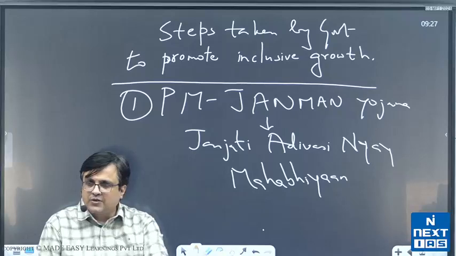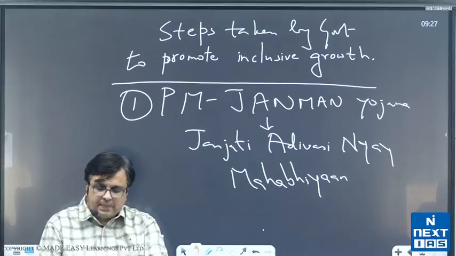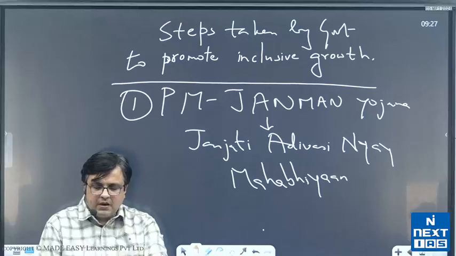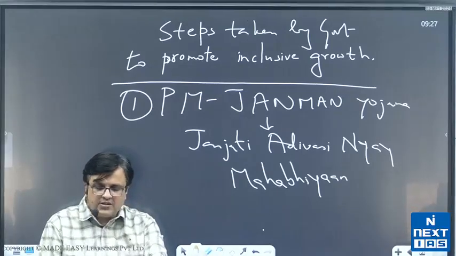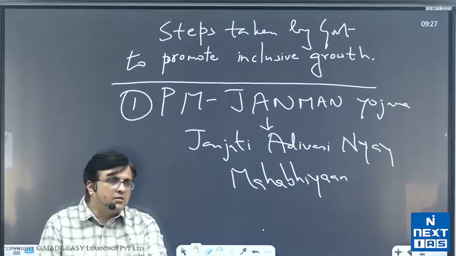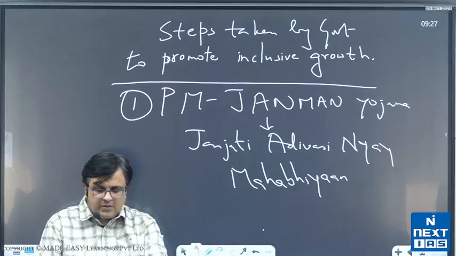All right, so for sickle cell anemia, and immunization for tuberculosis, you can write TB, immunization for tuberculosis or TB, full stop.